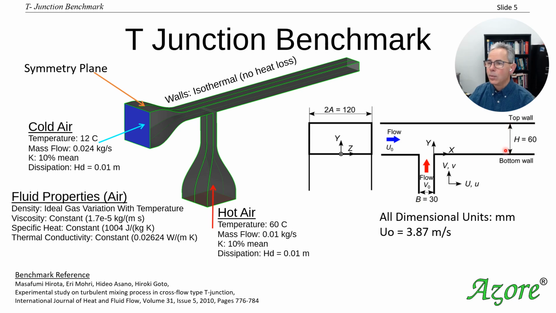And the width of the duct right here is 60 millimeters, and we're going to designate that as h. Our u0 value is 3.87 for the velocities that we have chosen here. So that outlines the setup that we're going to use for putting together our CFD model.